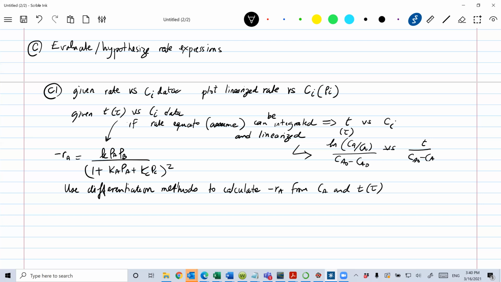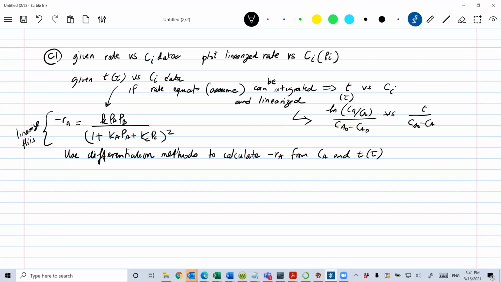So now we're getting into a little bit of an advanced move. Now you understand a little bit of surface reactions. You understand how to derive the rates. You understand, given data, how you could plot it to get some of your constants. So the question is, can you linearize this? And the answer is yes, you can. I'm going to assume that you can because we did something similar in class.